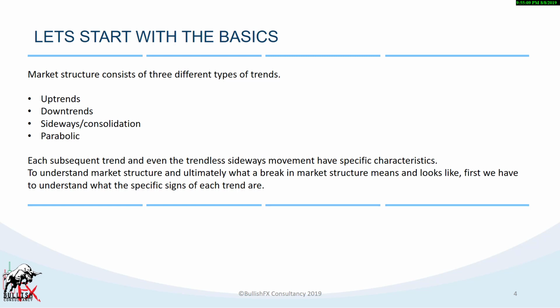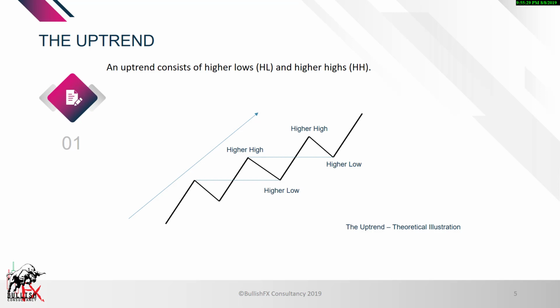Each subsequent trend and even the trendless sideways movement have specific characteristics. To understand market structure and ultimately what a break in market structure means and looks like, first we have to understand what the specific signs of each trend are. So now let's take a look at an uptrend.